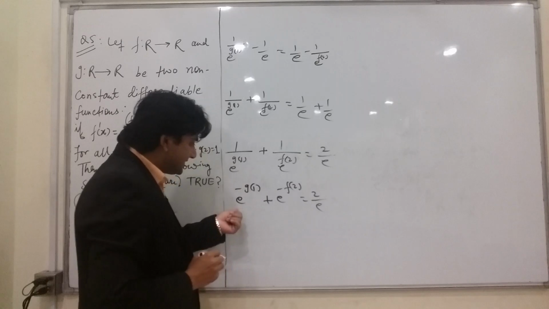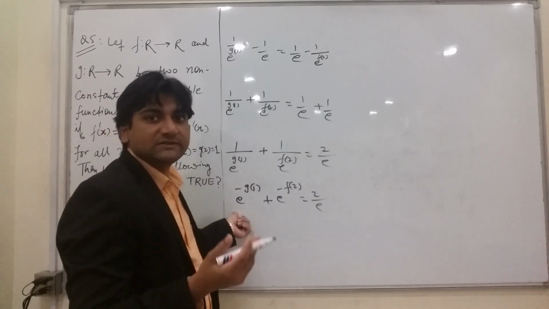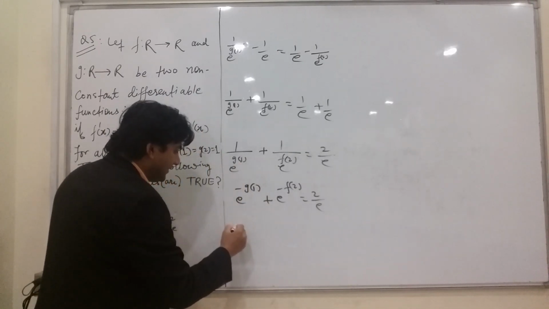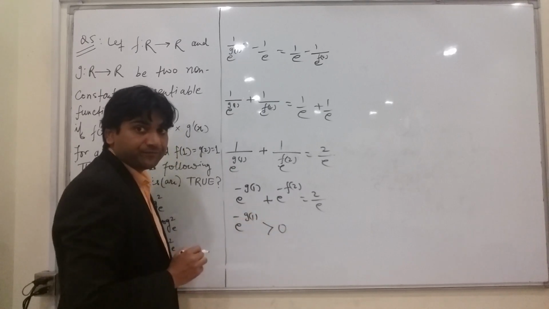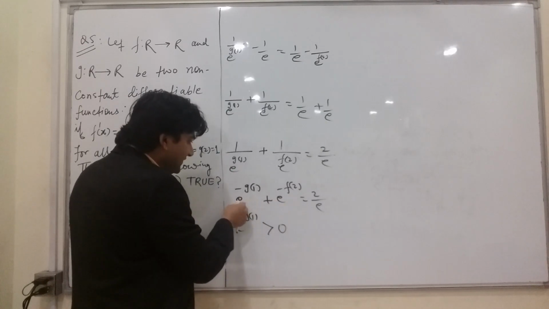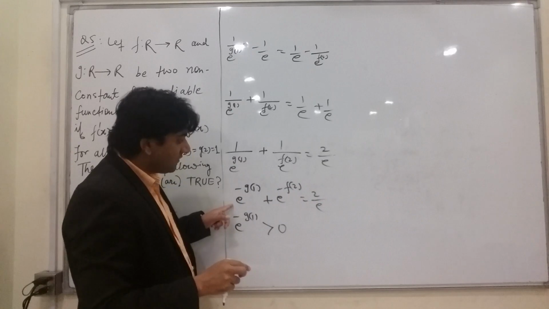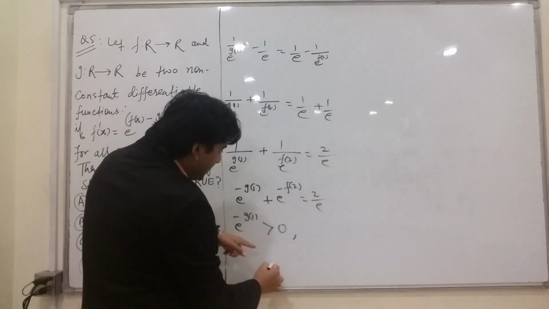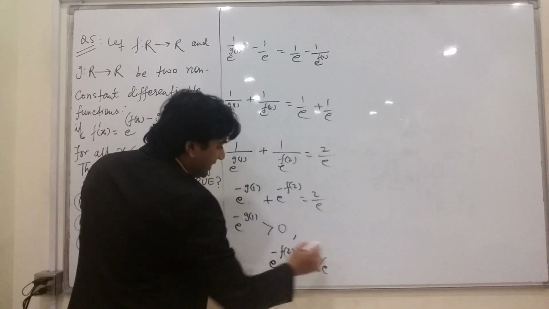Okay? Since this is an exponential function, you always know that it is always positive. So e raised to minus g1 is always greater than 0. But the sum of this plus this is 2 over e. Since this is always greater than 0, it means e raised to minus f of 2 is always less than 2 over e.